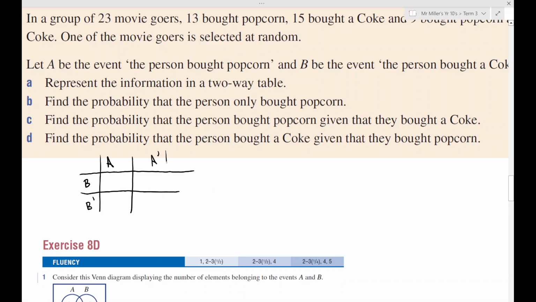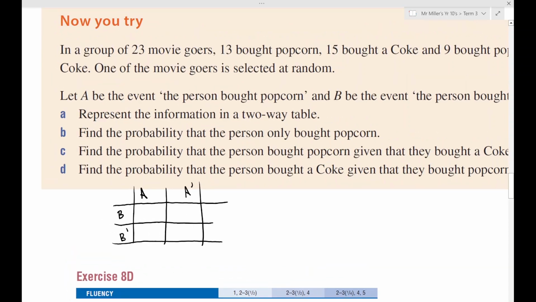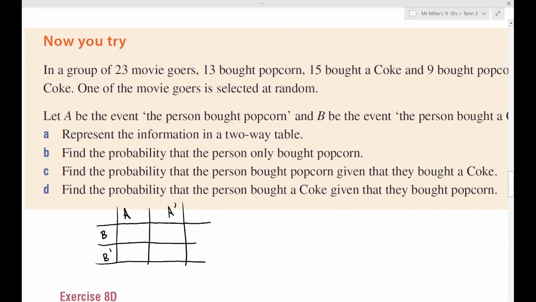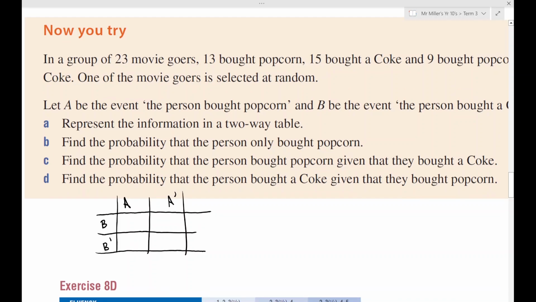Okay, so here's a two-way table. We've got a space for each entry, for every possible option. And it says there's 23 people total, 13 bought popcorn, so A was popcorn, so we know that there's 13 total here. 15 bought a Coke, we know there's 15 total here. And there was 23 moviegoers total, so we'll put that down there.